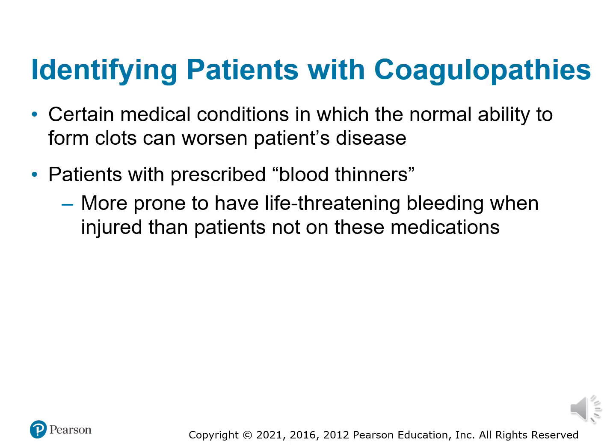Identifying patients with coagulopathies. A thorough patient history becomes more important when assessing patients with suspected clotting disorders. A critical aspect of managing patients with potential coagulopathies is identifying that the patient is in fact at risk for abnormal bleeding based on past medical history or the medications being taken.